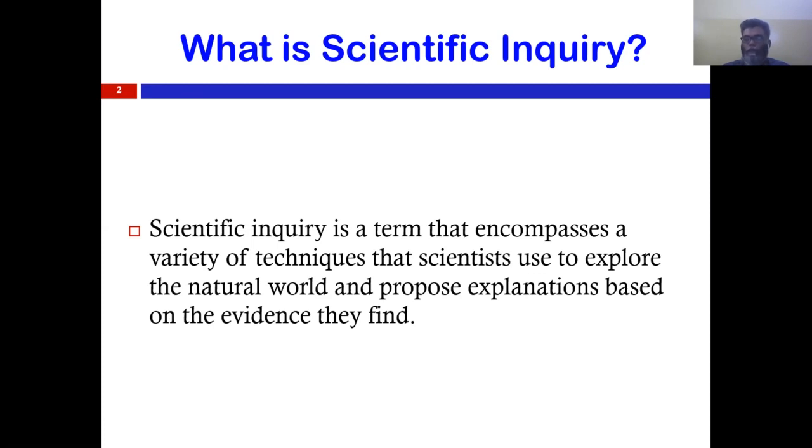It aims to obtain knowledge in the form of testable explanations that scientists can use to predict the result of future experiments. Generally, scientists use three types of investigations to research and develop explanations for events in nature, like descriptive investigation, comparative investigation, and experimental investigation.